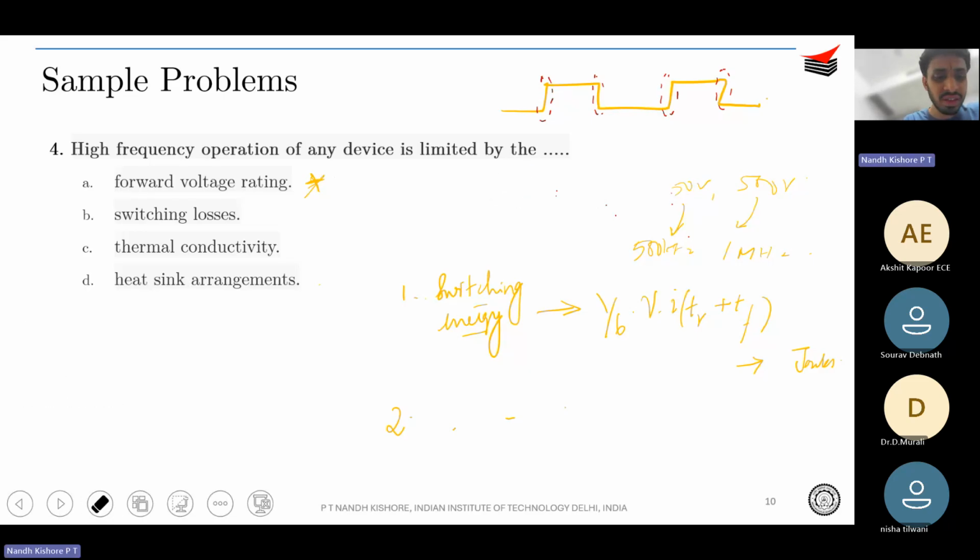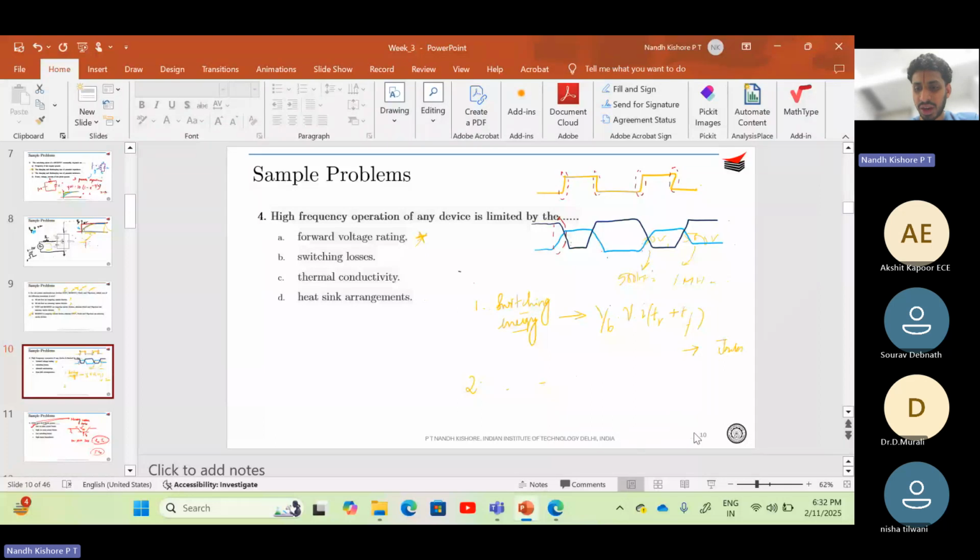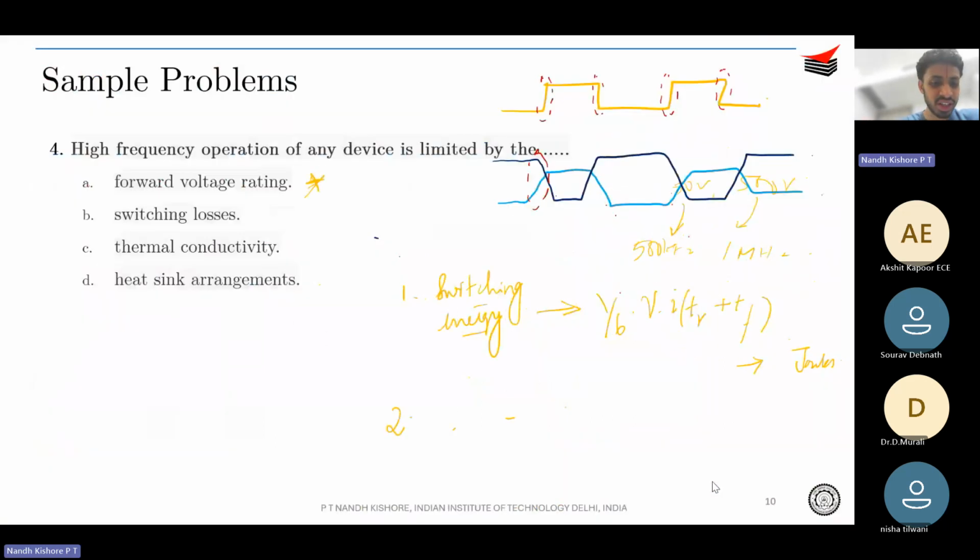Okay, let me erase this. So what happens essentially is, you understand that I was talking about the overlap of voltage and current.